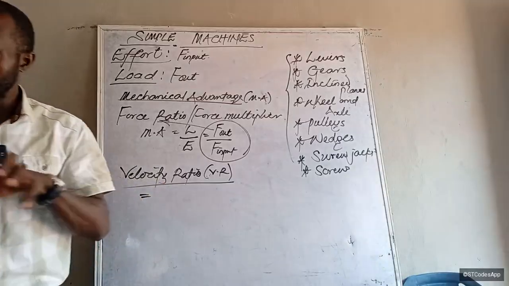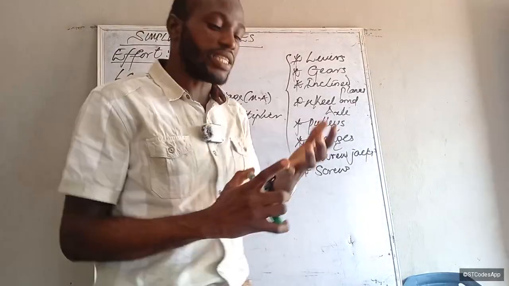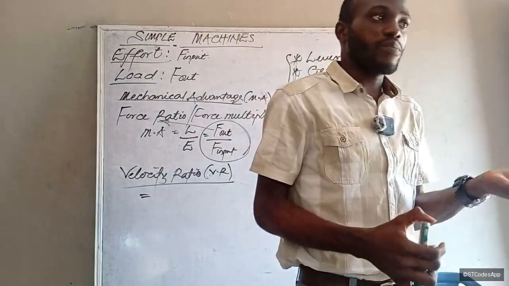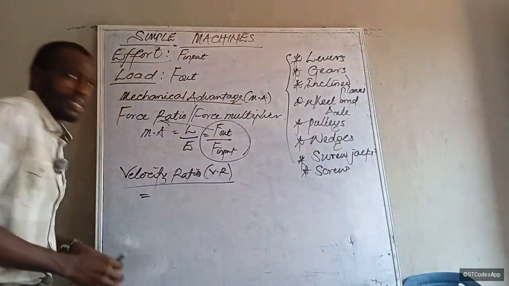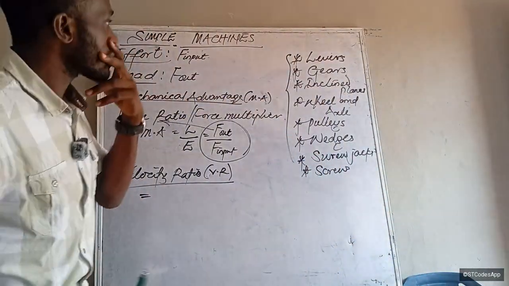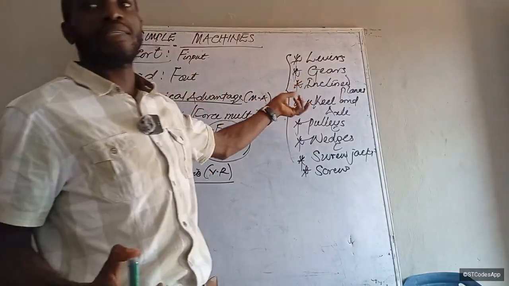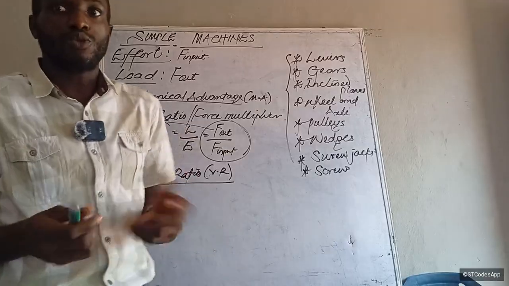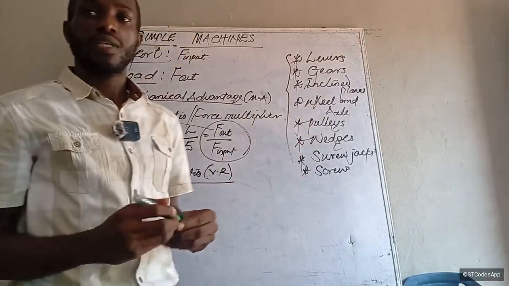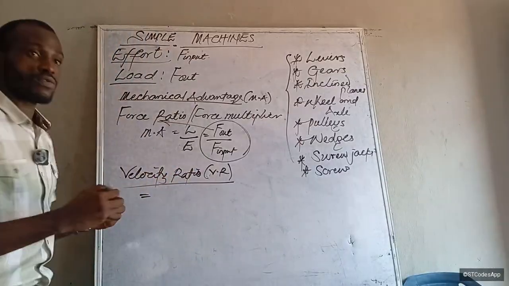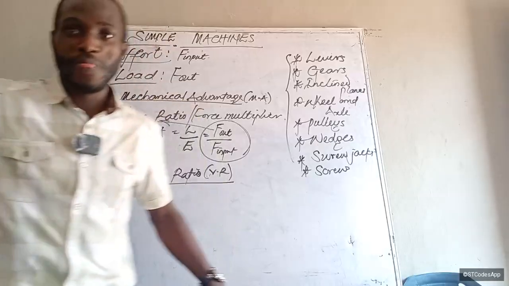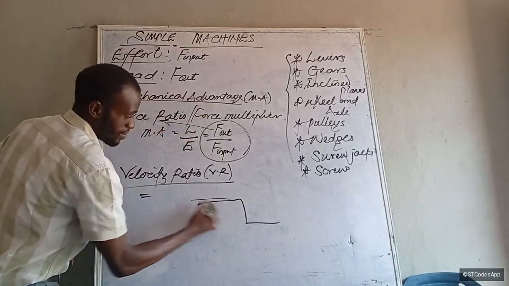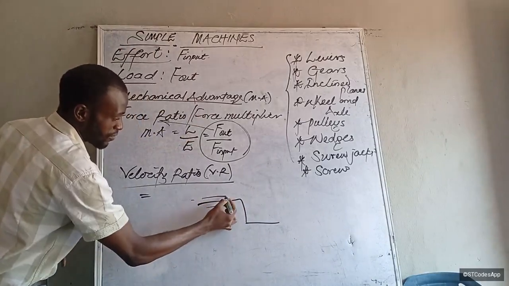It depends on the geometry of the body of the machine. So for example, some things are more efficient than others. Look at an inclined plane system: you cannot compare the amount of work it will do to that of a pulley. Those of us from Lagos know this thing. You remember this pulley that you use to draw water from the well?